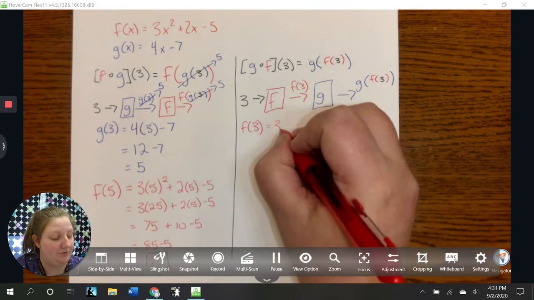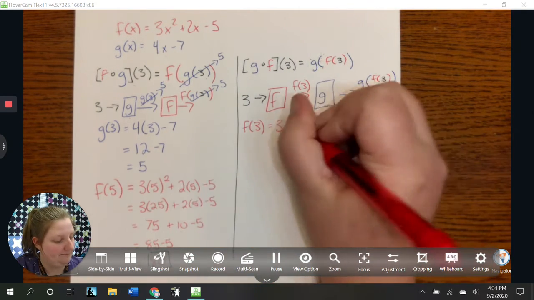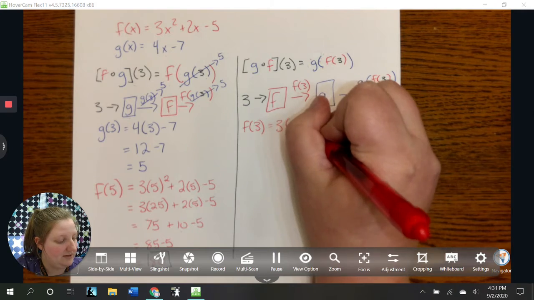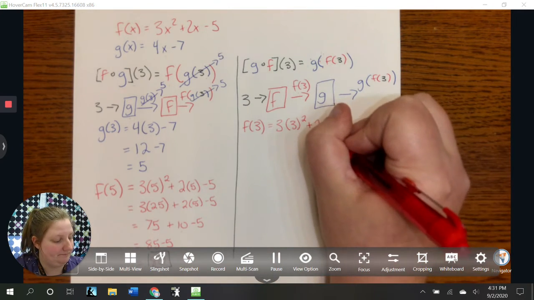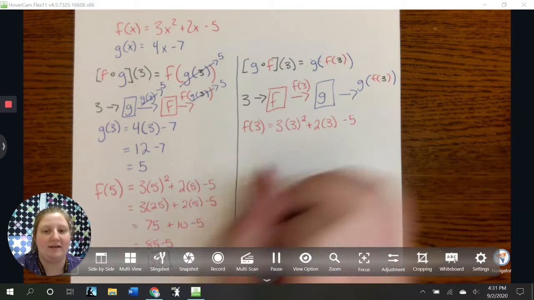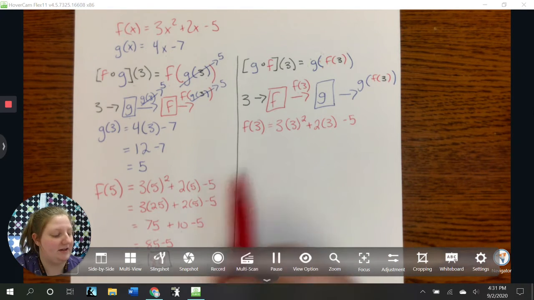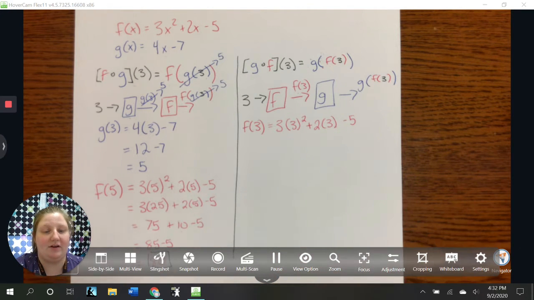So we have 3 times 3 squared plus 2 times 3 minus 5.